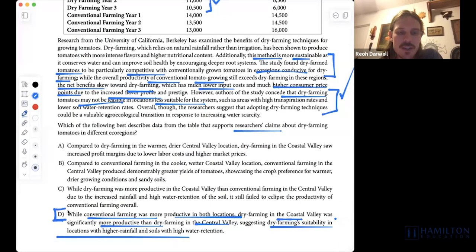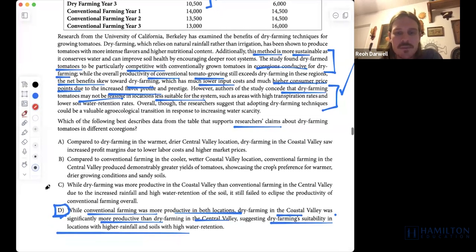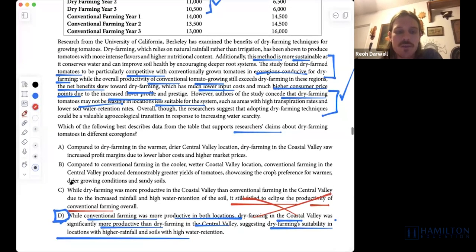Now let's look at some of these distractors, right? Failing to eclipse the productivity of conventional farming is not part of the researchers' claims, right? That is not supporting their claims about the dry farming, all right?